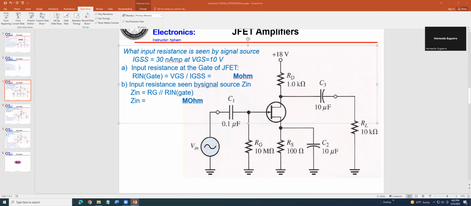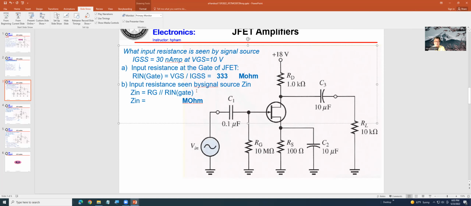333 megaohm. Yeah, 333. Okay, that means at the source, you're looking into the gate.